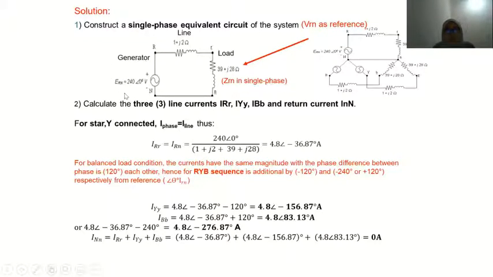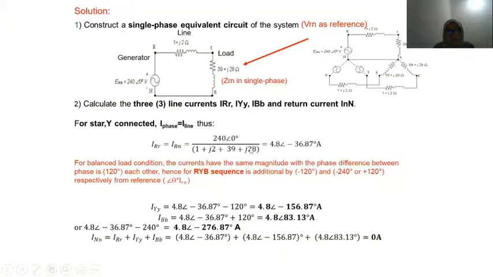circuit. So next, after constructing the single phase circuit, we calculate the line currents. The line current is the current flowing through your lines from your generator to your load.